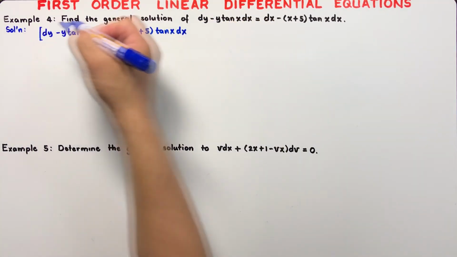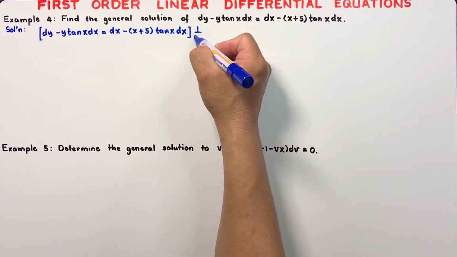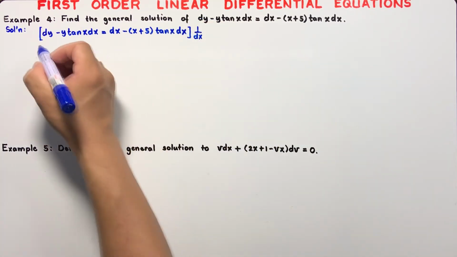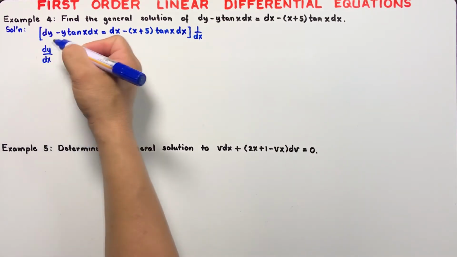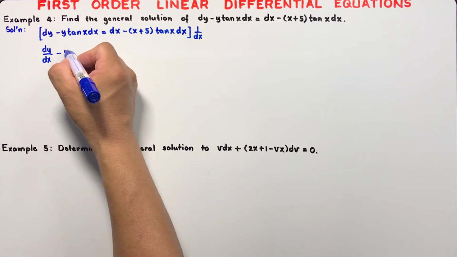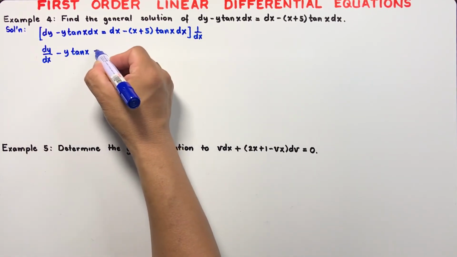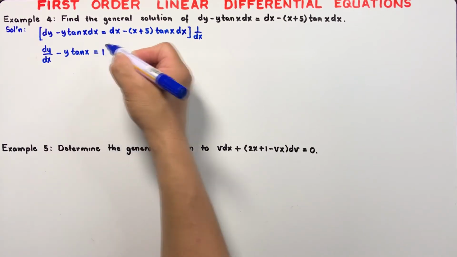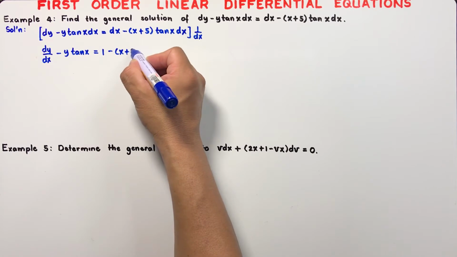And removing our 3 dx by multiplying 1 over dx, we have dy over dx, which is subtracted by y tangent x, which is equal to 1 minus the quantity of x plus 5 times tangent x here.